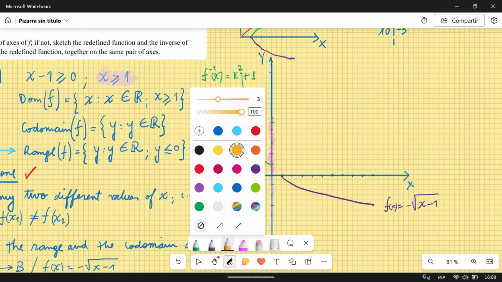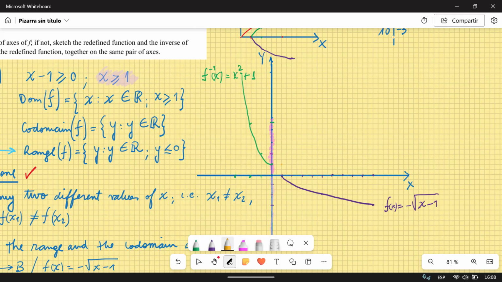The line y equals x is the line that passes through 1, 1, 2, 2, 3, 3, 4, 4, 5, 5. And now I construct that line. This is the line y equals x. The inverse function is symmetrical with respect to that line to f.